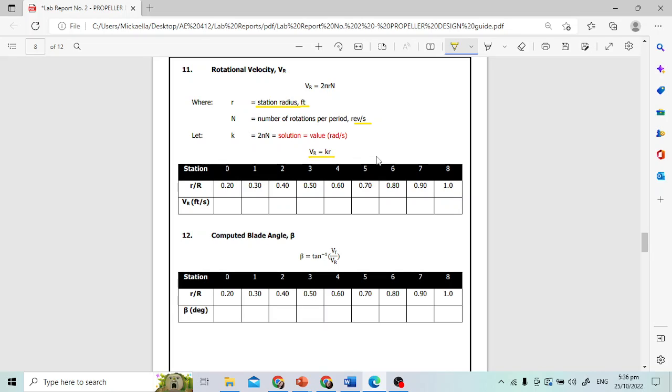So, use those. Okay, kindly use this formula. Meron ka ng VF na inassume kanina and yung VR dito nanggaling sa ating 11th part.